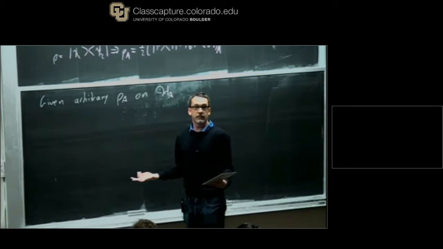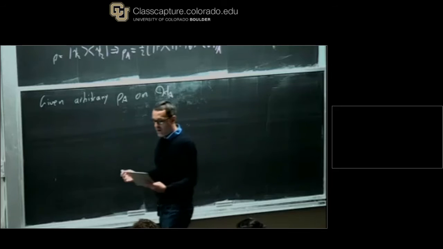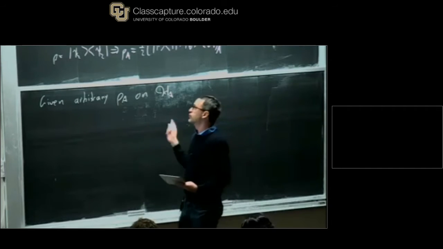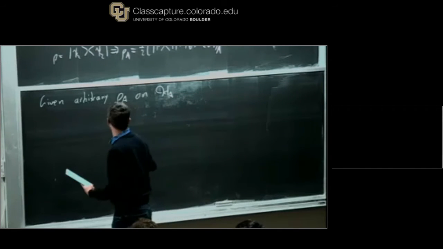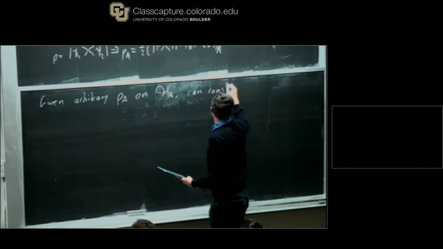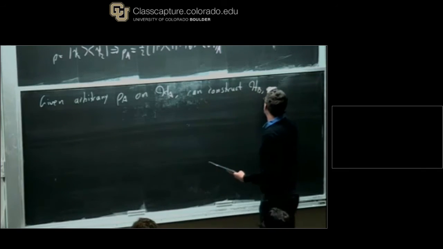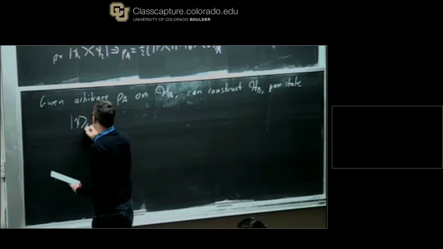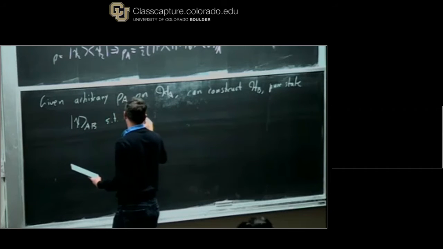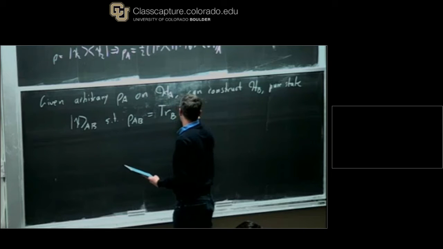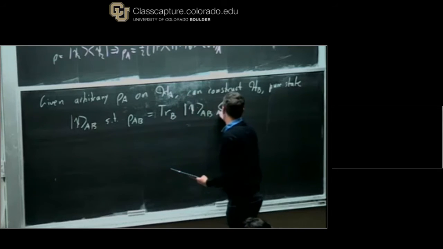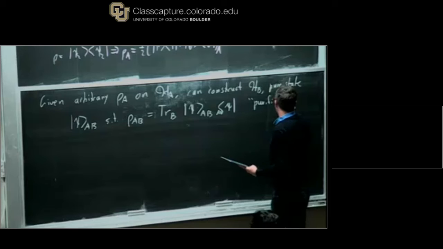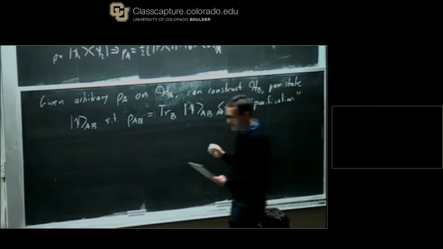I just told you rho A. I didn't tell you anything about what's going on in B. I can construct a Hilbert space HB and a pure state psi AB such that rho A equals the trace over B of psi AB. And this is called a purification.